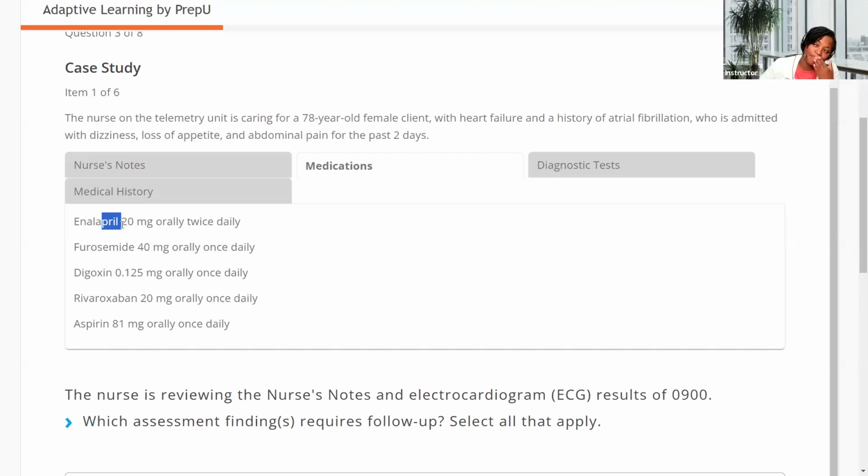I want to say prils, lisinopril, enalapril. It's for blood pressure, right? Hypertension. Furosemide, Lasix. It's a diuretic. Mm. She's going to the bathroom a lot. She's losing volume. Digoxin. This drug is used to help with heart failure. It's the number one drug that's prescribed for treatment of heart failure. Okay.